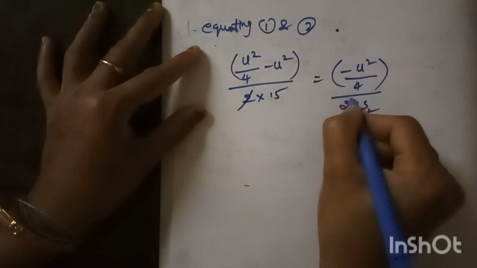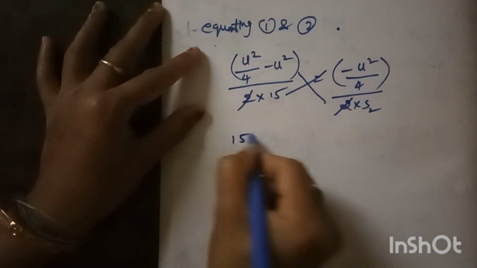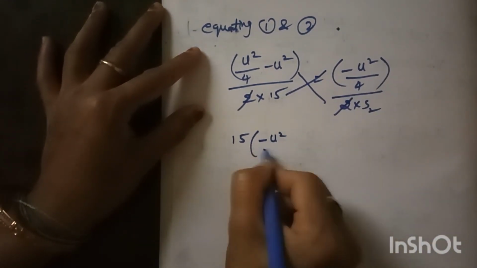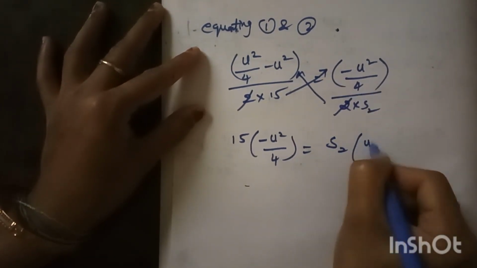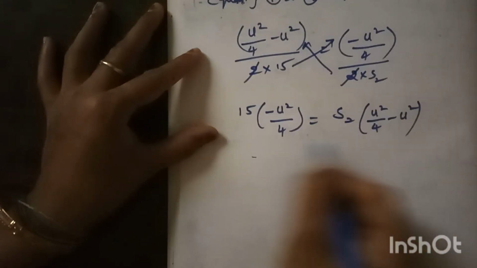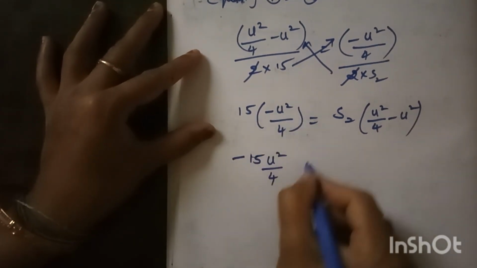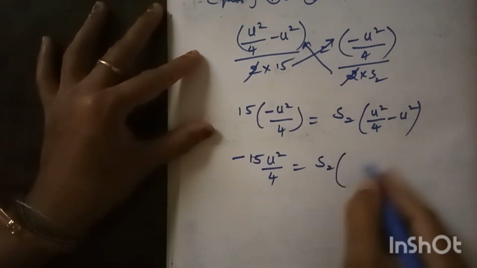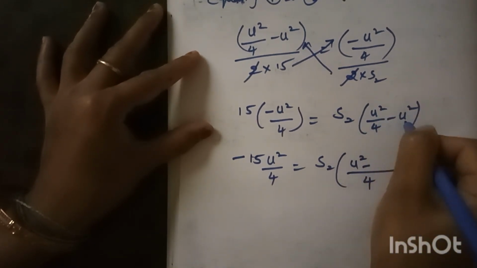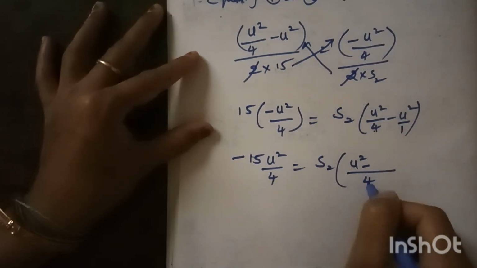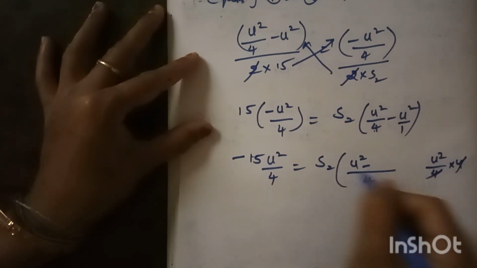So 2 will be cancelled here. Make the cross multiplication here. 15 into minus u square by 4, s2 into u square by 4 minus u square. Minus 15 u square by 4 multiplied here, s2 into, make the LCM of these: u square by 4 minus u square. The 4 already there, there is no other LCM. 1 4 into 1 4, u square by 4 into 4, you will get u square.